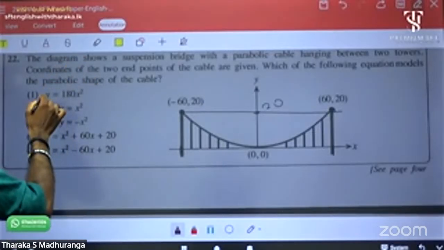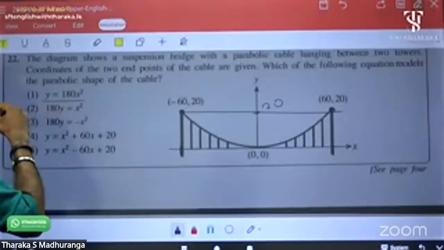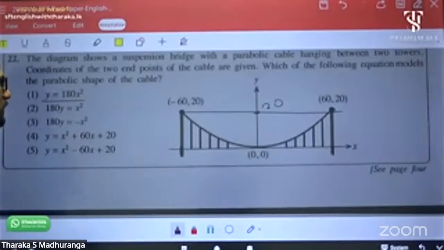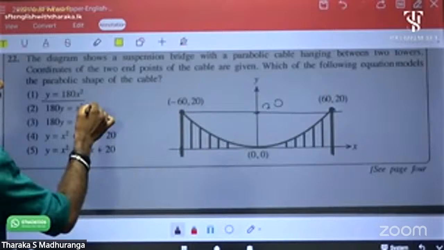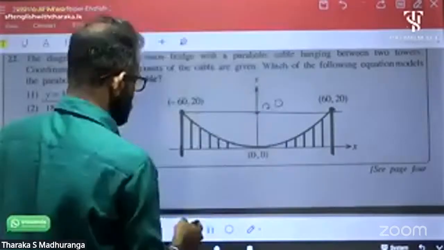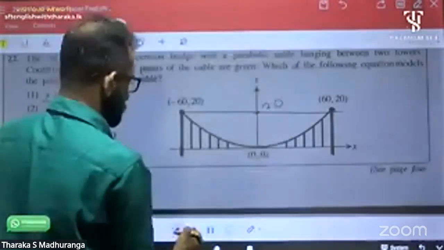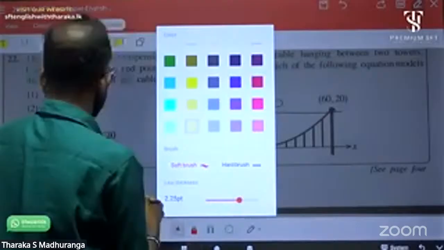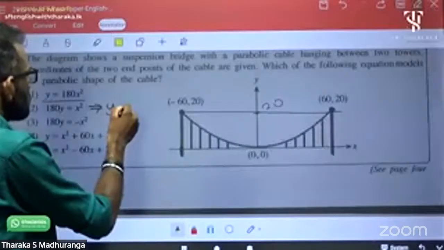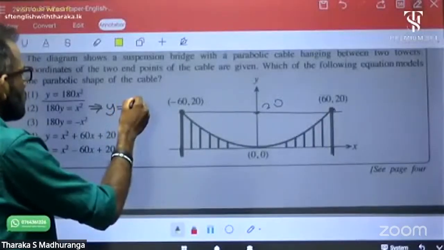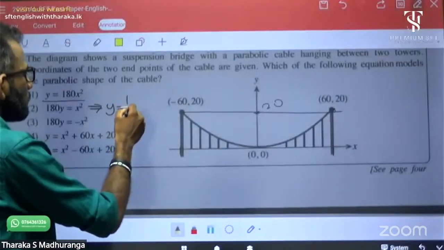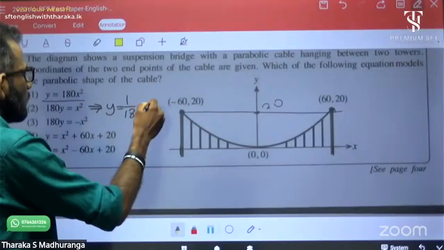Y equals 180 x squared, that means a is 180. The second one is 180y, so in standard order, y equals 1/180 x squared.